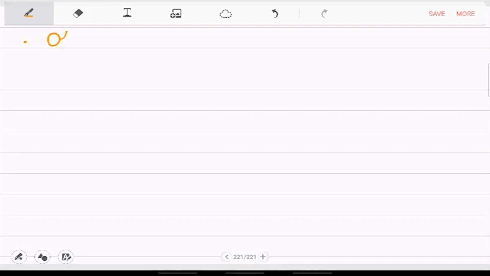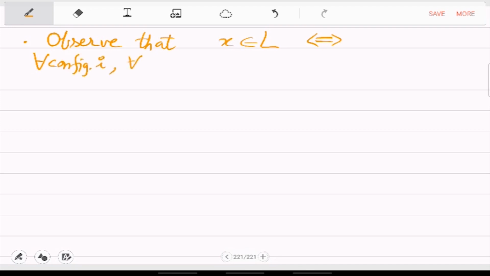So observe that x is in L if and only if for every configuration i and for every bit position j, what did we use, Cn, right.